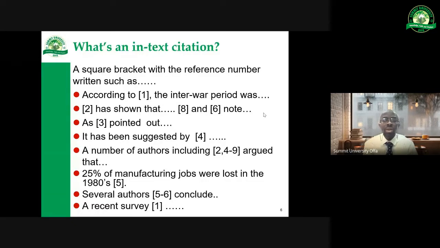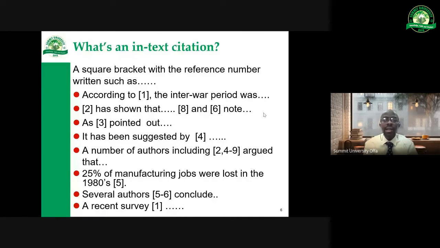For example, "according to [1]" means according to the paper listed on my reference list as number 1, the interwar period was so.